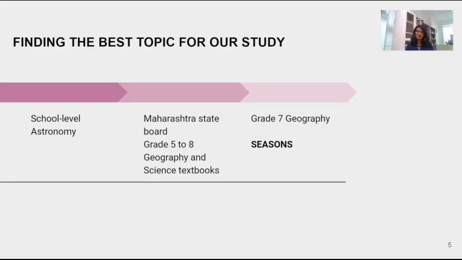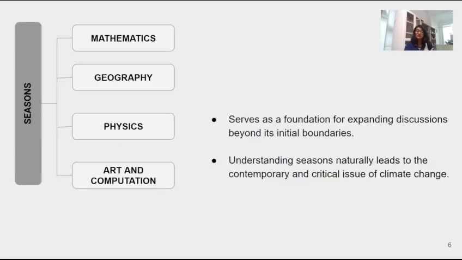Skimming through the Maharashtra State Board textbooks from grade 5 to 8, both science and geography, led us to the choice of the seasons topic from the grade 7 geography textbook. Beyond its inherent interdisciplinary nature, understanding seasons naturally will lead us to the contemporary and critical issue of climate change.